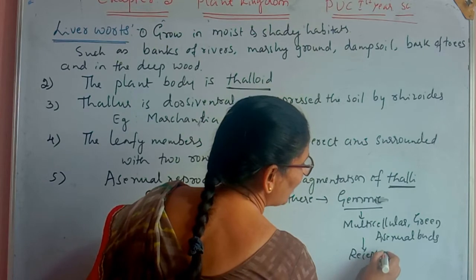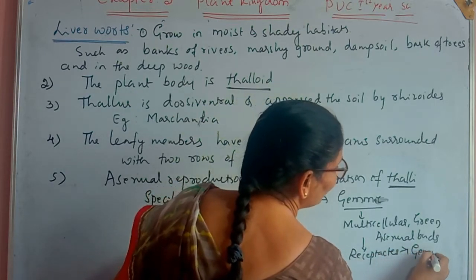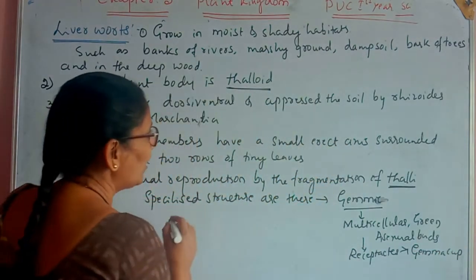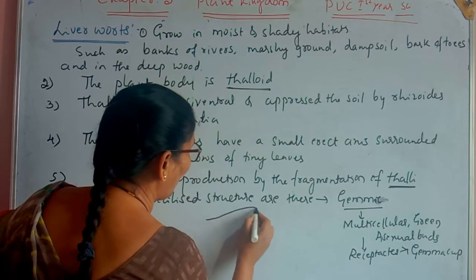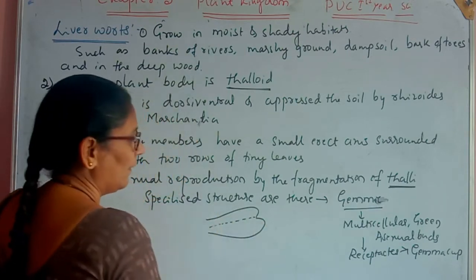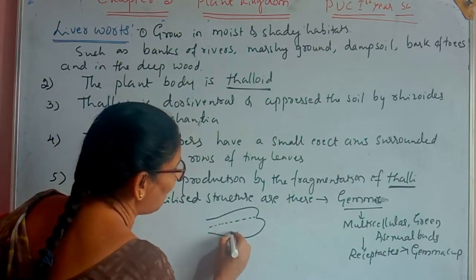They develop in the receptacles called gemma cups. Here I have just drawn the diagram of a dichotomous branch of the Marchantia. On the edge, we see some cup-like structures.